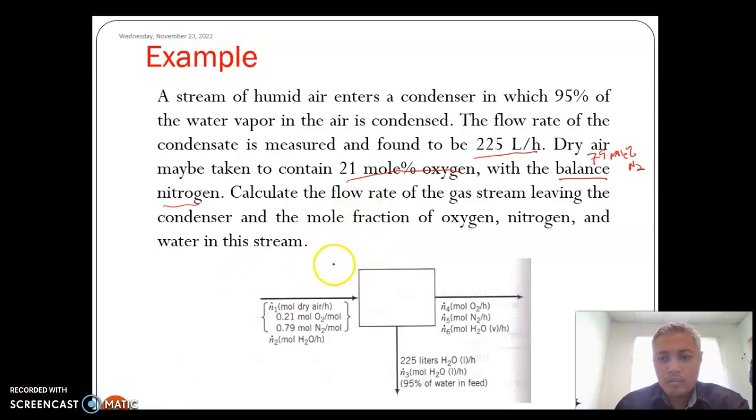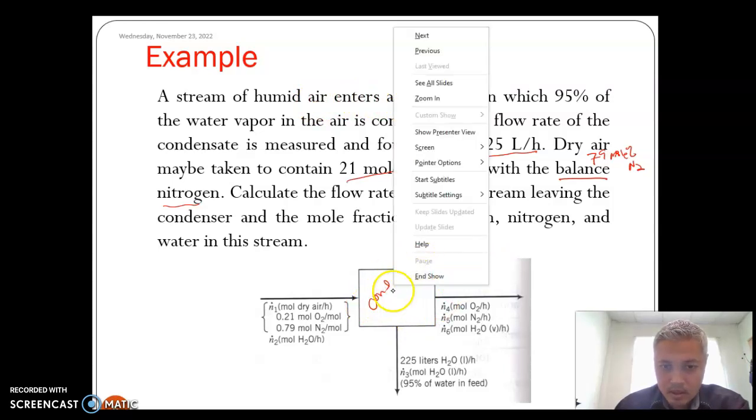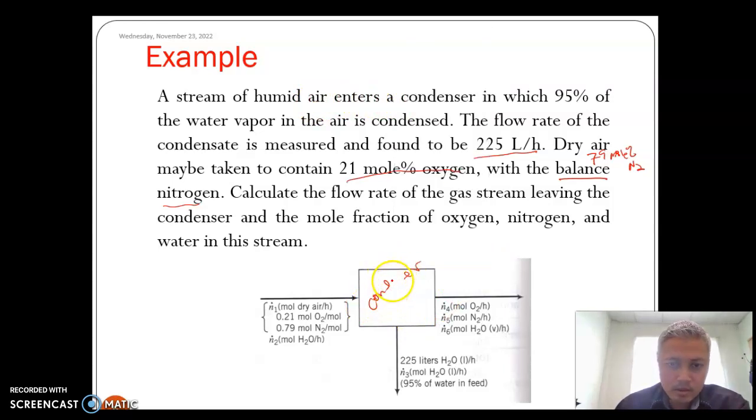Now if we are going to draw a flow chart, we have been told that humid air enters a condenser, means this is our condenser. If we have the term humid air, means we have dry air mixed with water, right?